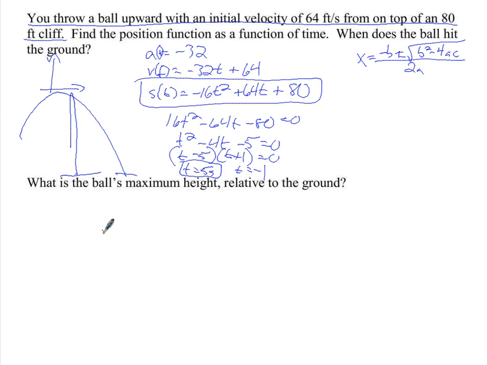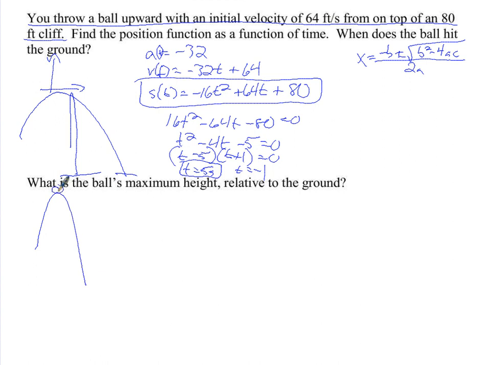Okay, another question here that can be asked, and it frequently is asked. What is the ball's maximum height relative to the ground? I could also ask, what is its velocity when it hits the ground? Find the maximum of the equation. That's right. When the ball's maximum height is reached, we will be here, right?